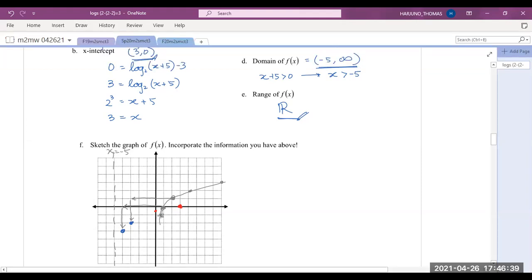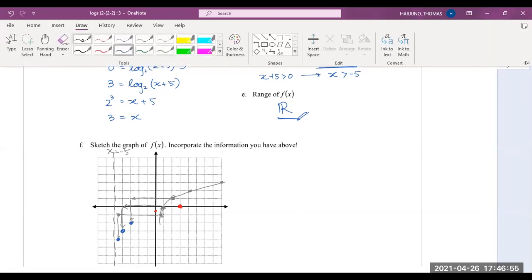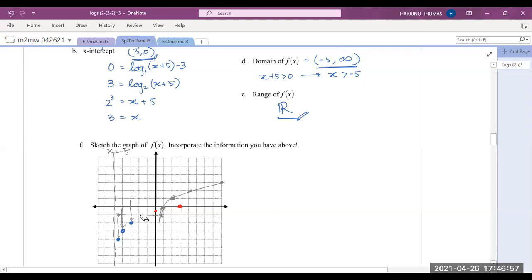This guy, 5 to the left and 3 units down, will end up here. So the view will be pretty much, we get this.